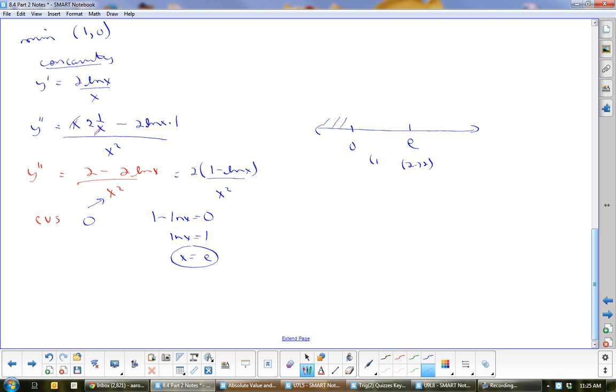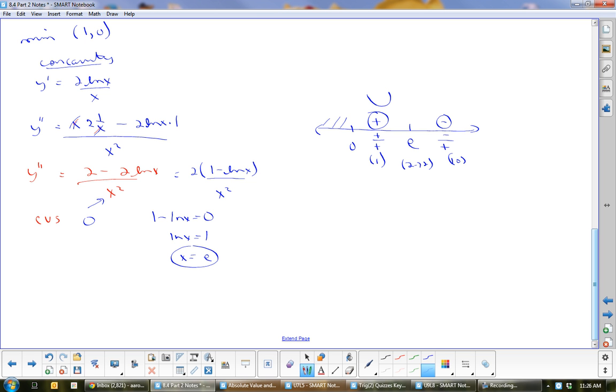So I'm going to use 1. If I put in 1 there, I get 2 times 1 minus 0 up top. So I get a positive over 1 squared, which is positive. So I get a positive there. And if I put in 10, 1 minus ln 10, okay, ln 10 is bigger than 1, so I'm going to get a negative up top. And on the bottom, I get a positive, so that's negative.